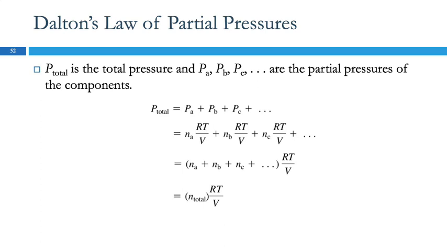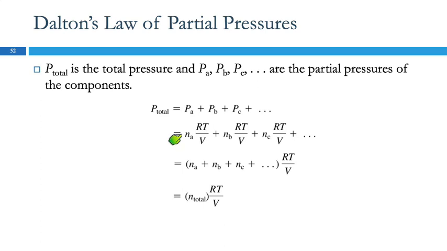So here we're doing a little math. I'm not going to make you derive this, but let's just look at how it works. So P total, like we just learned, is the sum of the pressures from each individual gas.